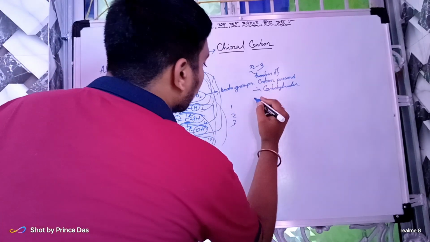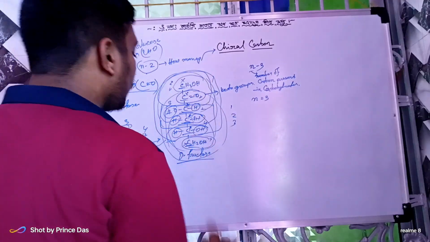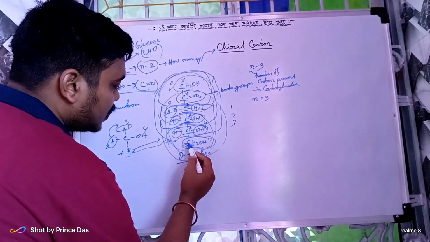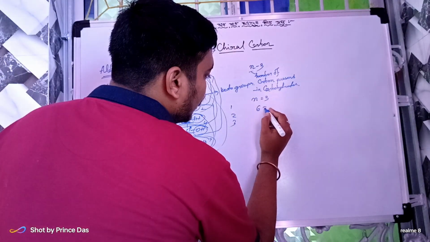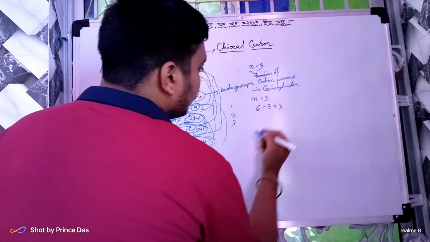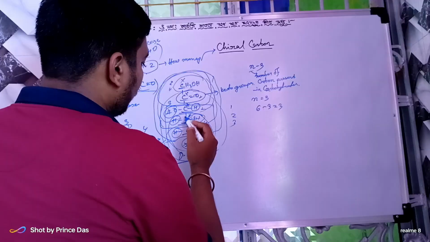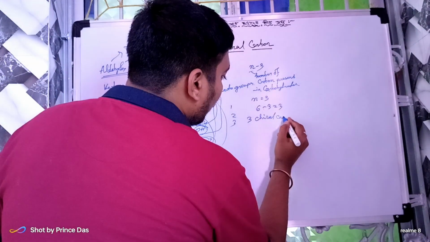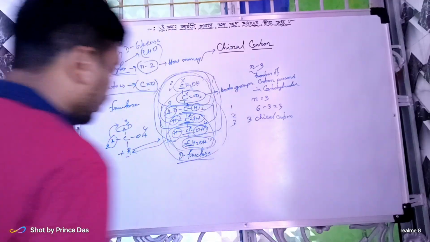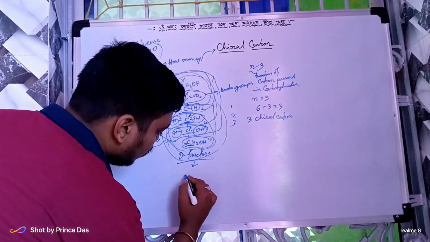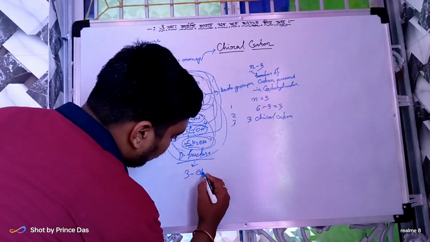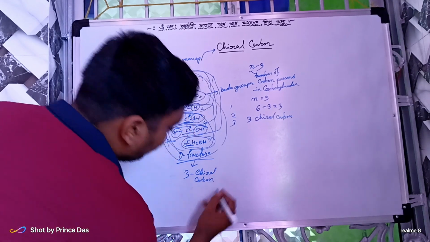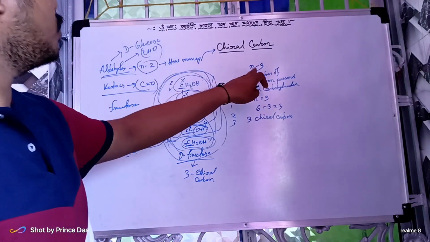So in fructose, how many carbons are there? 1, 2, 3, 4, 5, 6. So 6 minus 3, how much? 3. You got 3 chiral carbons. So from D-fructose we got 3 chiral carbons. This is the formula N minus 3.